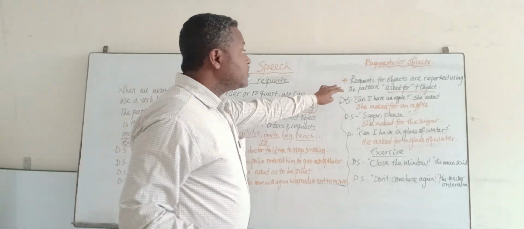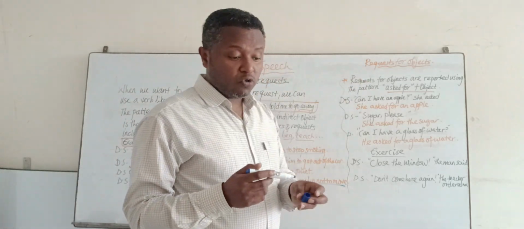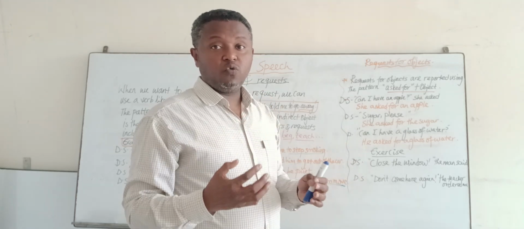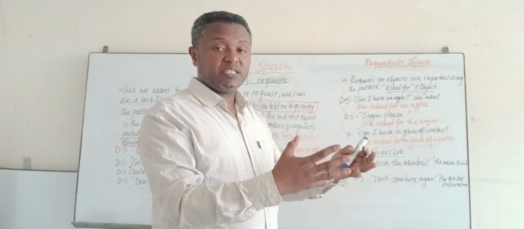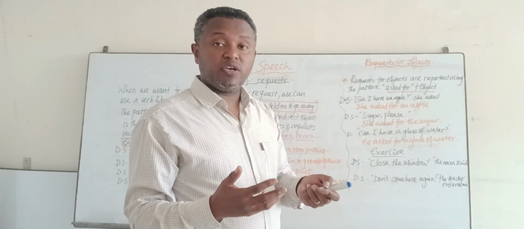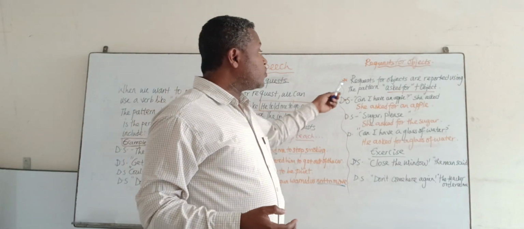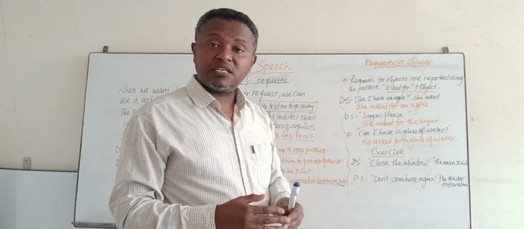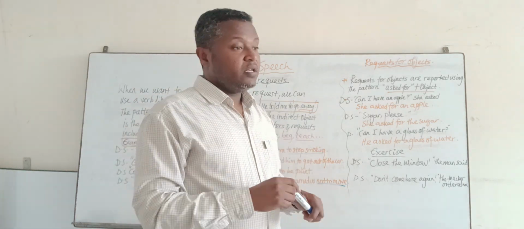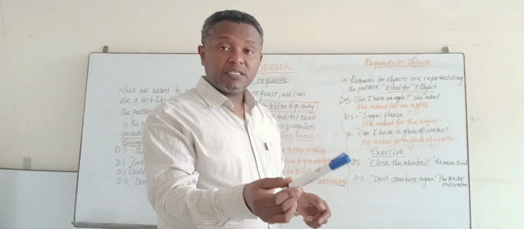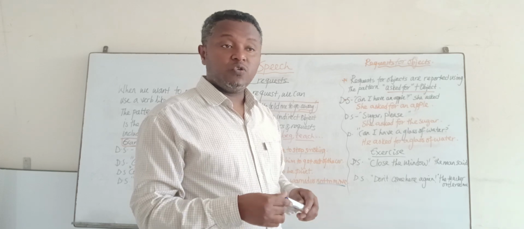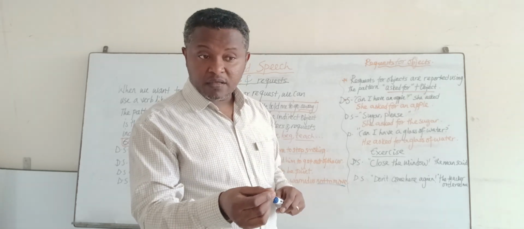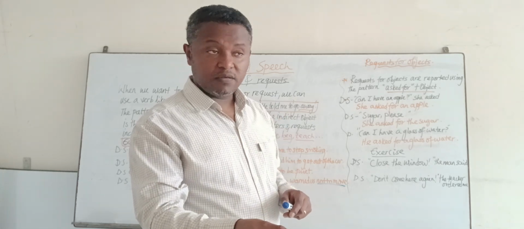When we request an object, that means if you want something, how are we going to report? Requests for objects are reported using the pattern: he asked for something. For example, could you give me a pencil or a pen? So you say he asked for a pen or for a pencil.